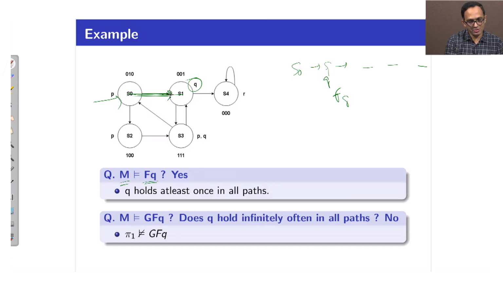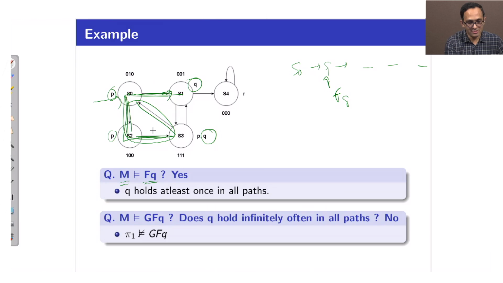Similarly, if you think about the other way out, there are two transitions. P holds here, P holds here, and the only way you can go is here. So, here Q holds. Now, there are only two ways you can create paths: either you go through this and do the infinite thing, or you come through this and then loop here and whatever it is.